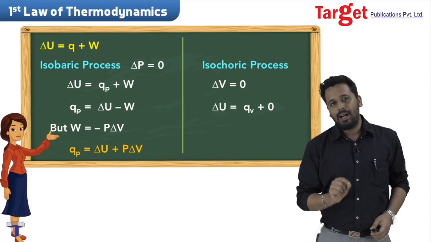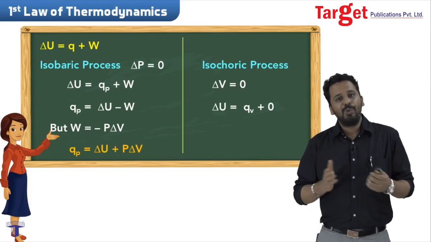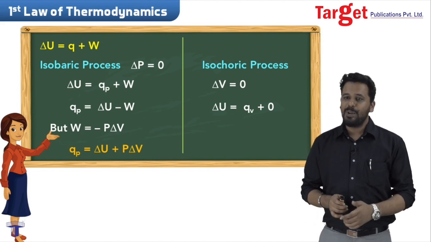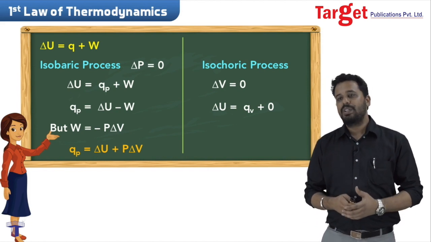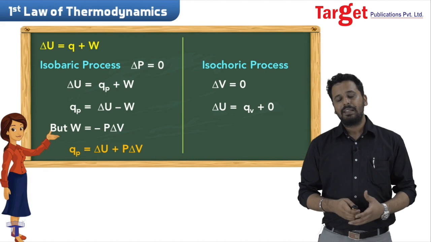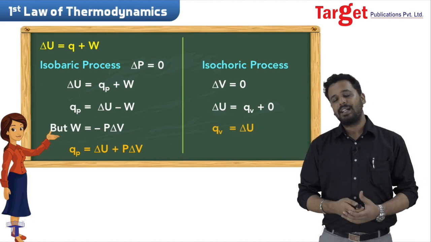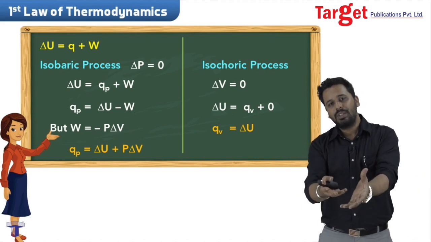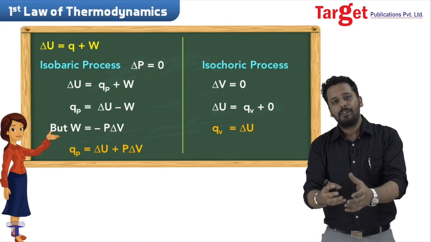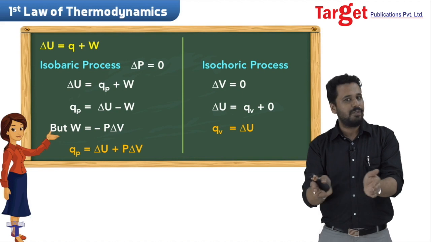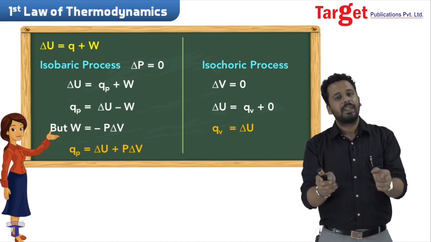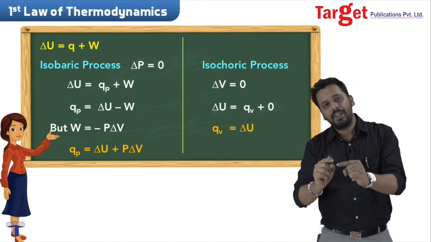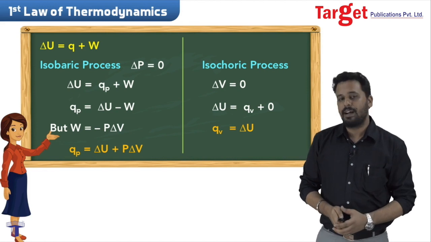So in an isochoric process, no work is done, and because of that, delta U is equal to QV plus 0. In other words, I can say that QV is equal to delta U. जो भी मैं हीट दे रहा हूं सिस्टम में, वर्क में तो कुछ जा नहीं रहा because the volume is not changing. वो पूरा हीट सिर्फ इंटरनल एनर्जी बढ़ाने के काम आएगा.